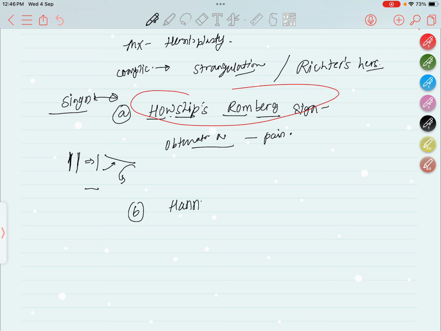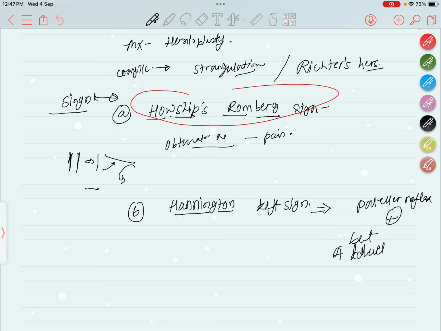The other sign is Hannington-Kiff sign. Hannington-Kiff sign states that the patellar reflex is positive, but the adductor reflex is negative.